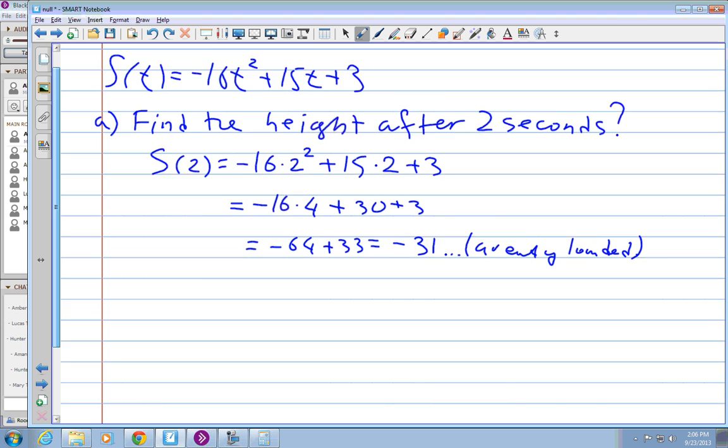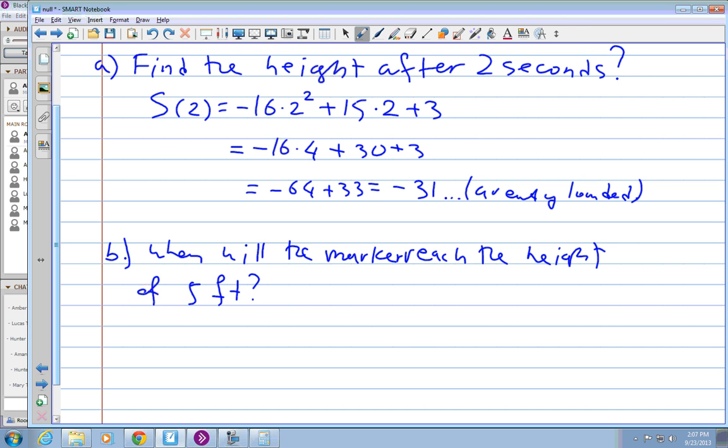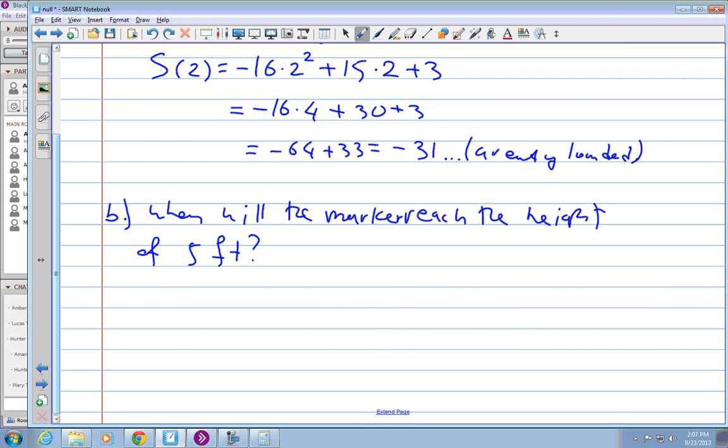I can ask you this question. When will the marker reach the height of, let's say, 5 feet? Okay, so I'm giving you the height, and I'm asking you when will that happen. So you have to solve this equation.